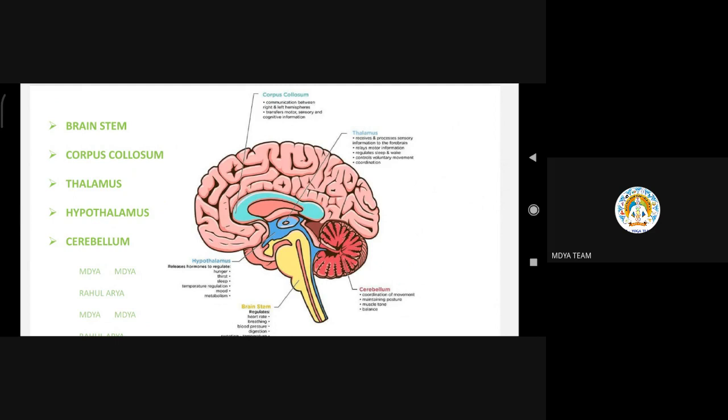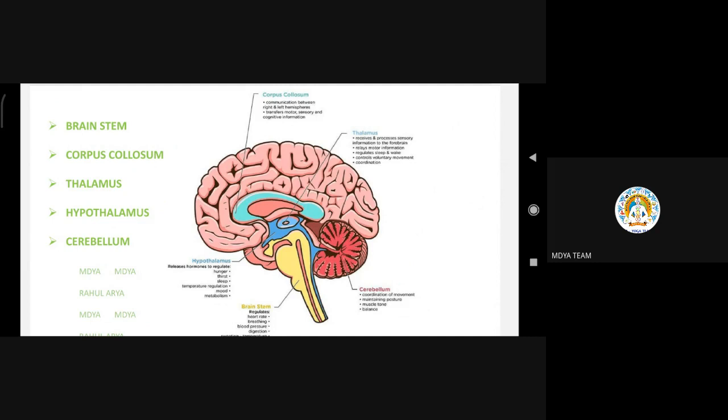And at the back side of our brain, which on screen is on our right hand side, you can see cerebellum. The front side is on the left side of the screen, and the back side of our body is shown on the right side of the screen. So in the back side you can see a small brain like structure, that is cerebellum.